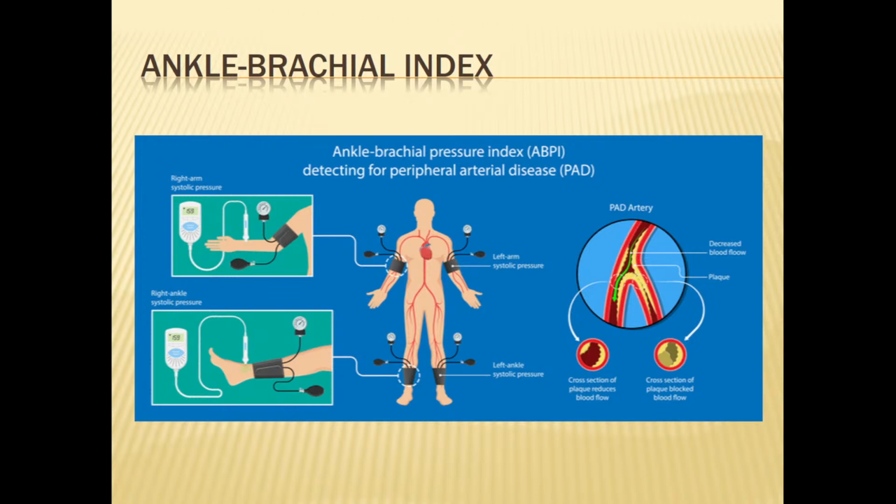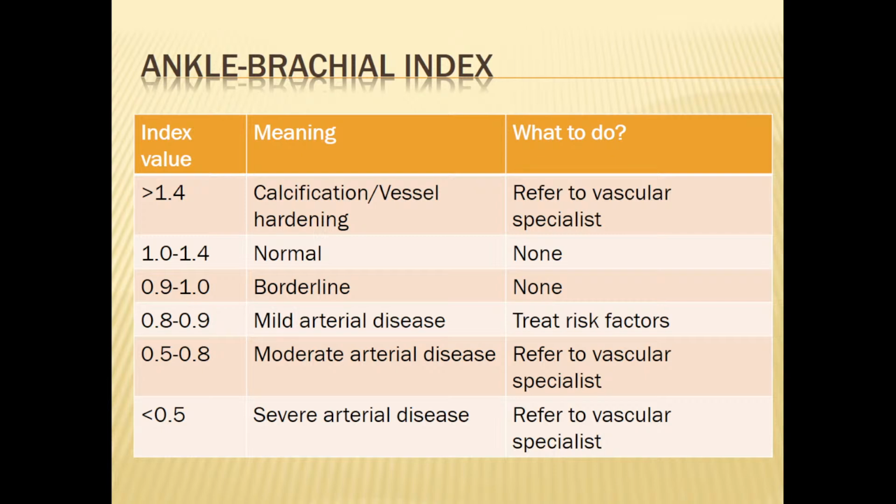And with this device, we can simultaneously measure arterial blood pressure in the arms and in the legs, and compare the level of blood pressure in the arm and in the ankle. Normally, it is very close to each other, or in the ankle, somewhat higher than in the arm.